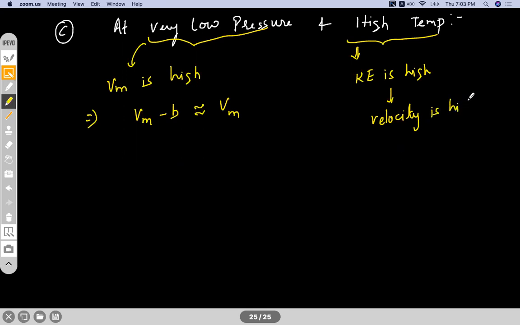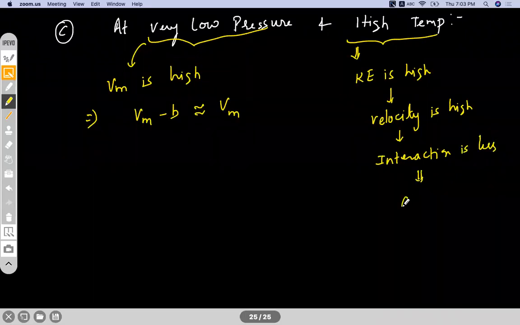And what we can write then? Interaction is less, or we can say negligible. And hence we can equate a to almost 0, because of less interaction or no interaction.